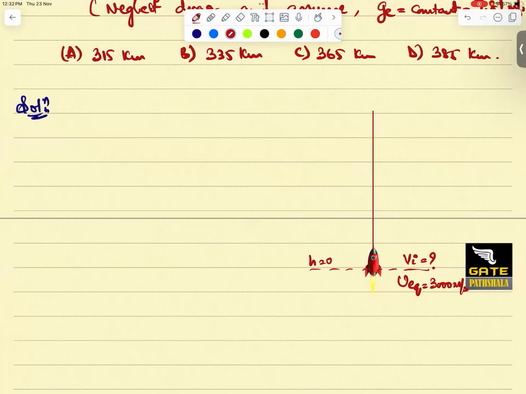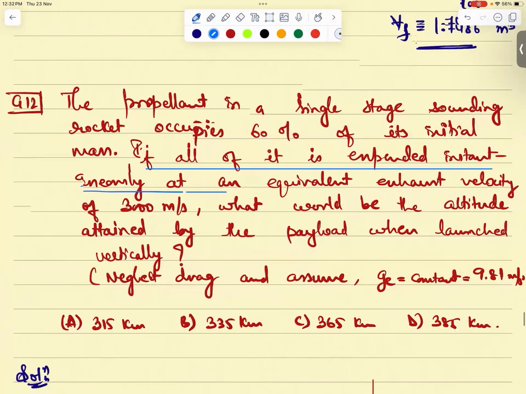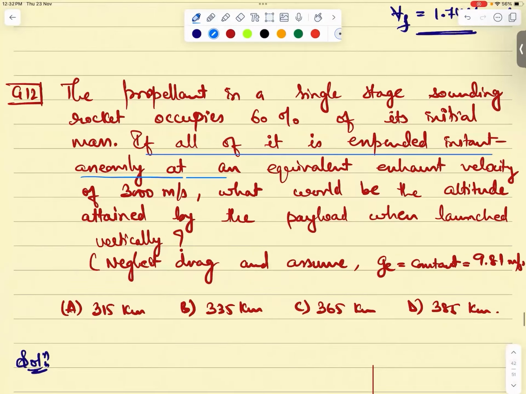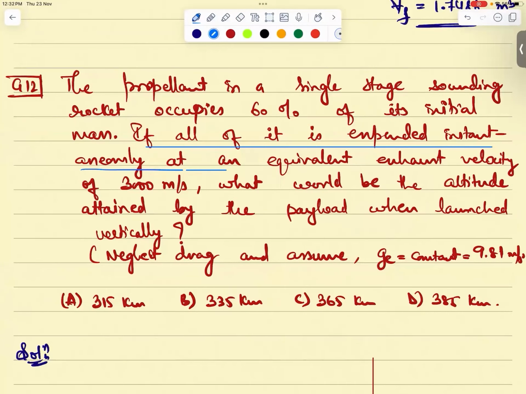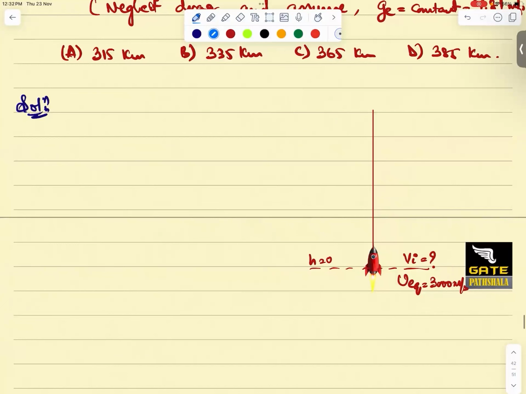When I launch it, it's not about starting with zero velocity. He's saying that if all of the propellant is expended instantaneously, okay, सब कुछ बर्न कर दिया आपने. 60% of the initial mass is propellant, right? तो basic information तो आपको दी है.